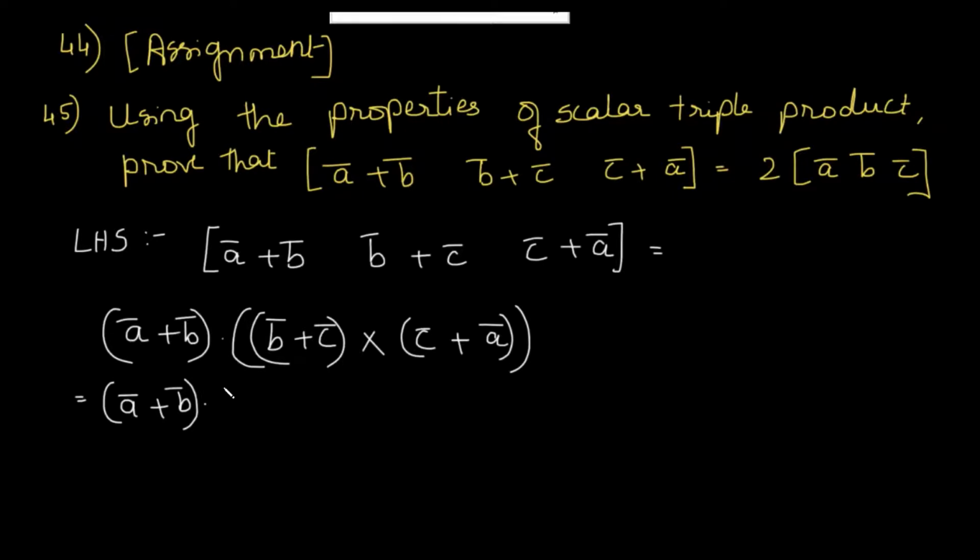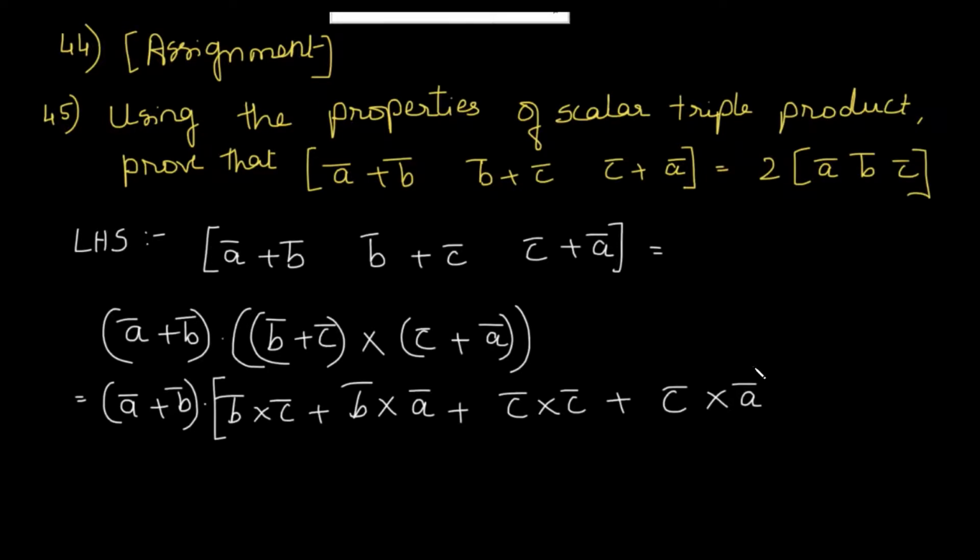And in this case, let me put a square bracket so that it will help you to distinguish. Now, B plus C cross C plus A, it is just like multiplying. So when we expand it, we get B cross C plus B cross A plus C cross C plus C cross A. In this way.